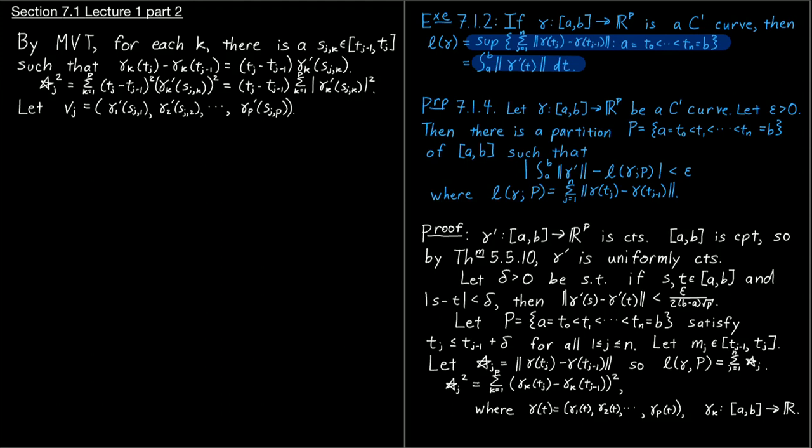And so we have that our star j, if you look at it, that's tj minus tj minus 1 (forgot to square it up here; down here, luckily, I don't need it), and then the other quantity that we're taking the square root of, that's just the norm of vj.